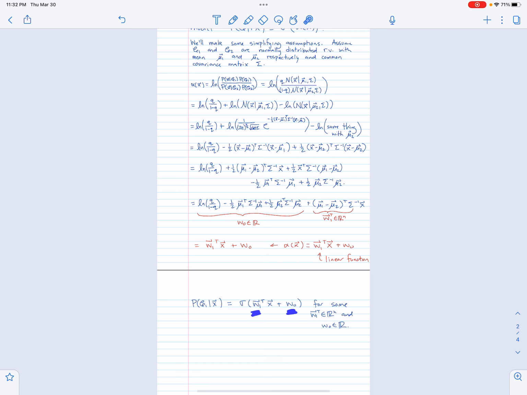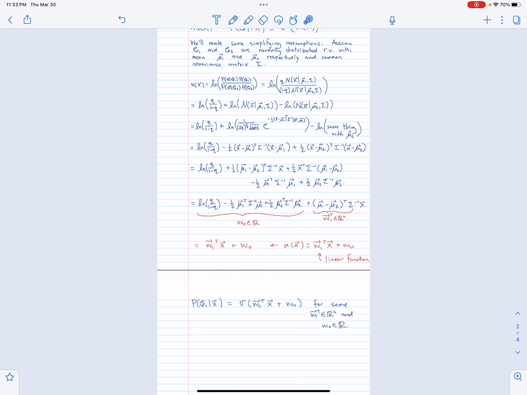This is a scalar, so there's n plus 1 parameters in total, whereas before we had to learn some quadratic number of parameters if we wanted to model the probability functions directly. So we've really simplified the situation because now all we need to find is this vector and this scalar. Okay, so that makes things a lot nicer.